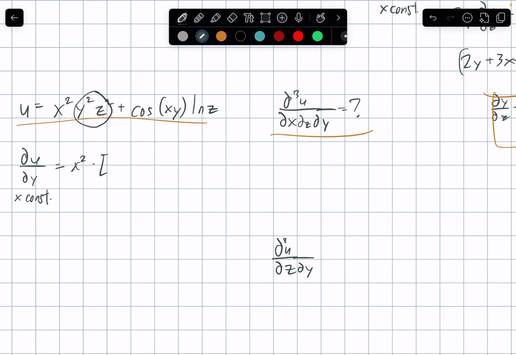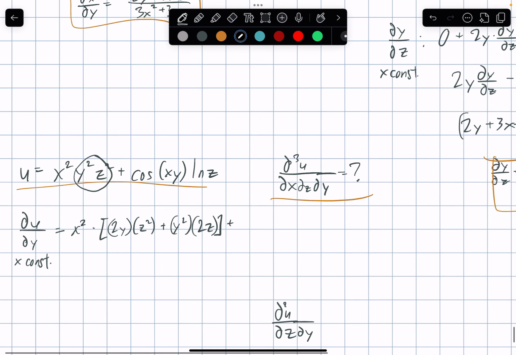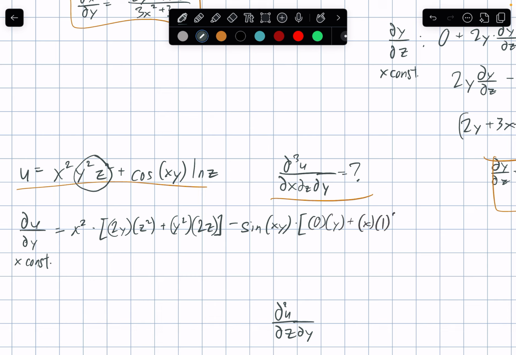Y squared, z squared. So 2y times z squared plus y squared times 2z, plus the derivative of cosine u is negative sine u du dx. So negative sine u, and then the derivative of xy such that x is a constant, so 0 times y plus x times 1.